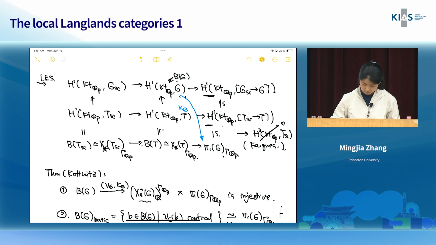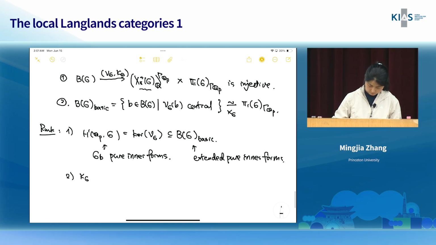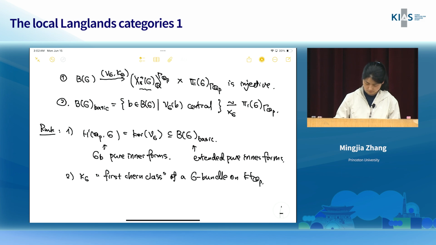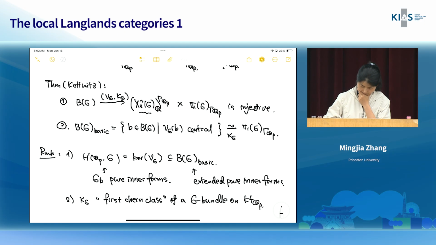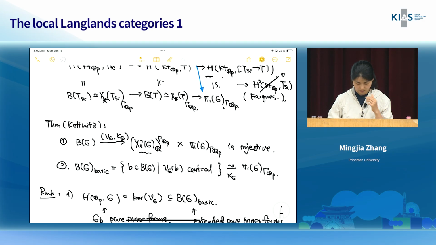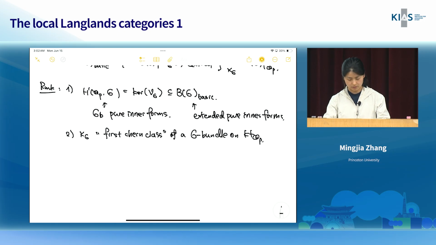So this construction is heuristically similar: kappa G should be interpreted as some version of a first Chern class of a G-bundle on the Kottwitz gerbe. If you read Fargues' paper, he discusses this construction of kappa G on the Fargues-Fontaine curve, but it works similarly for the Kottwitz gerbe.